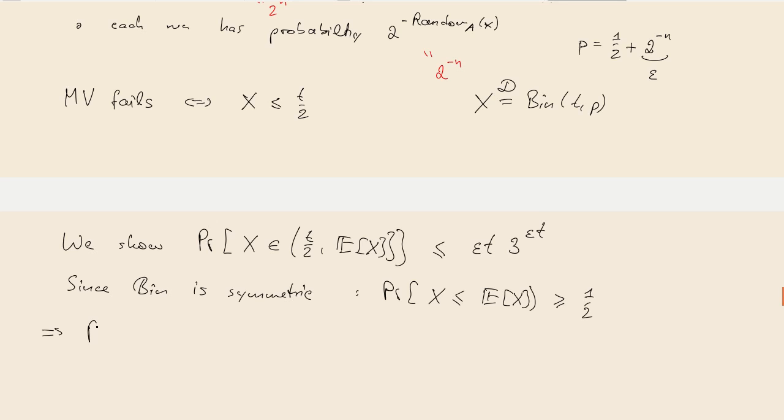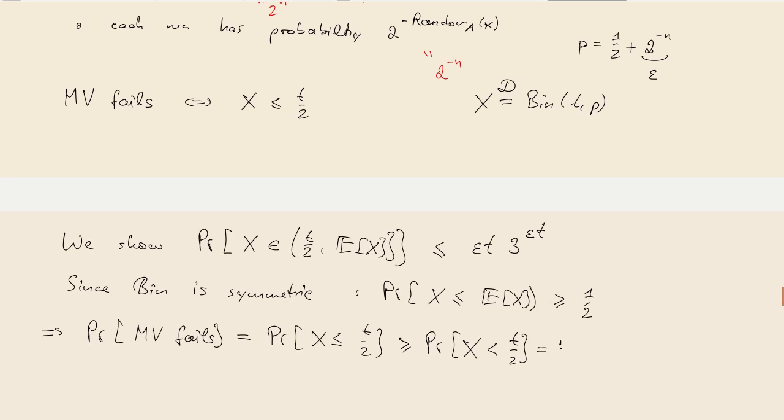And from these two ingredients, we can show that the probability that the majority vote fails, which is nothing else than this, we can slightly weaken this again by saying x is strictly less than this.